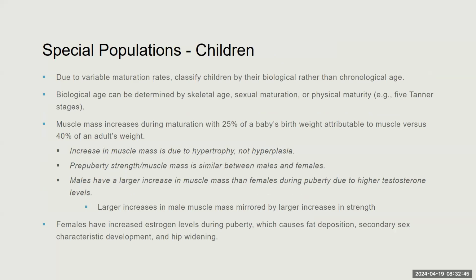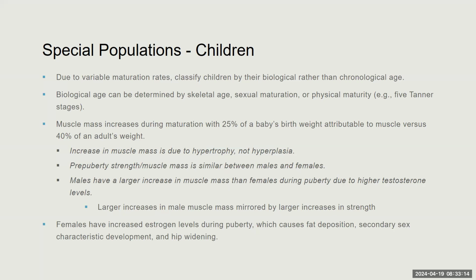In children, due to variable maturation rates, you classify children by their biological rather than chronological age. Their biological age can be determined by their skeletal age, skeletal maturation, or physical maturity, so basically the Tanner stages. Muscle mass will increase during maturation, with about 25% of a baby's birth weight attributable to muscle versus about 40% of an adult's weight. This increase in muscle mass is due to hypertrophy, not hyperplasia.